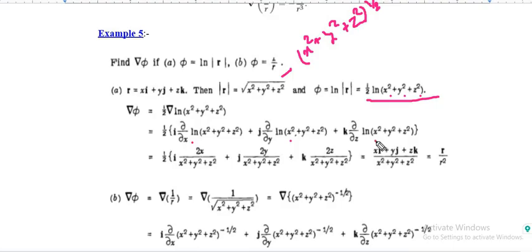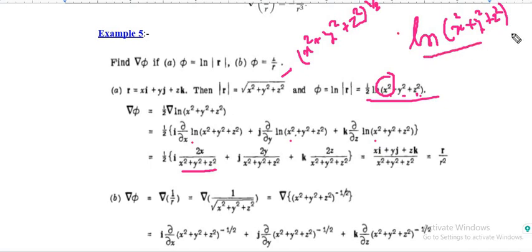When you are differentiating over this, we are differentiating over x square, and y and z will be taken as constant. So everything will be similar. When you are differentiating with respect to x, this will be 1 by this factor, x square plus y square plus z square, to the power half, which will be taken here.